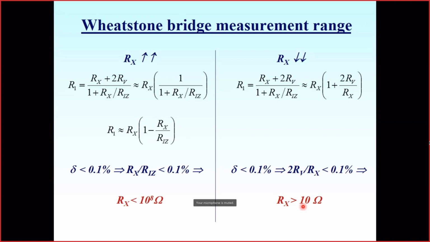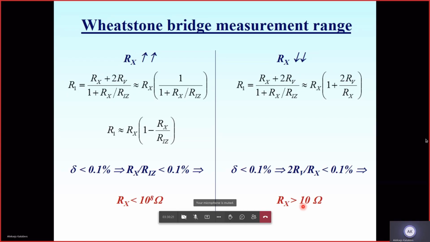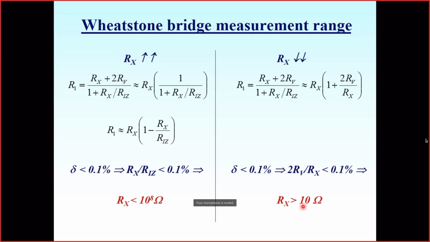As an example, there are devices named bolometers. Bolometers are thin film resistors covered with a blackened surface.